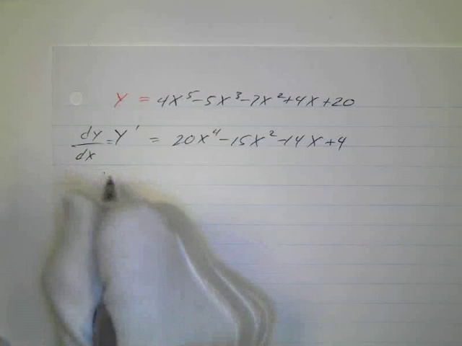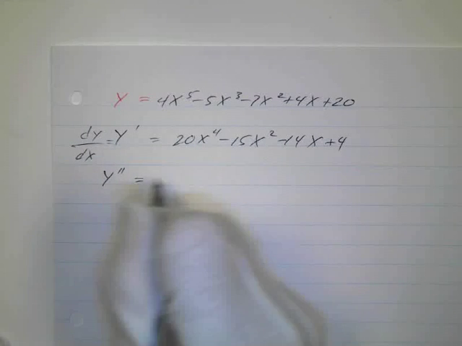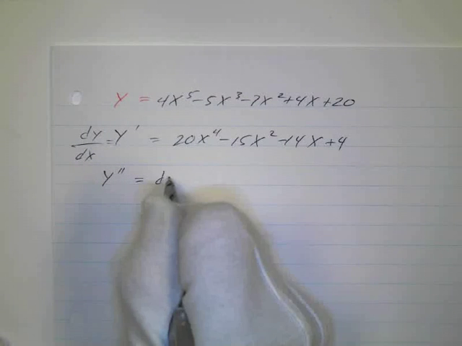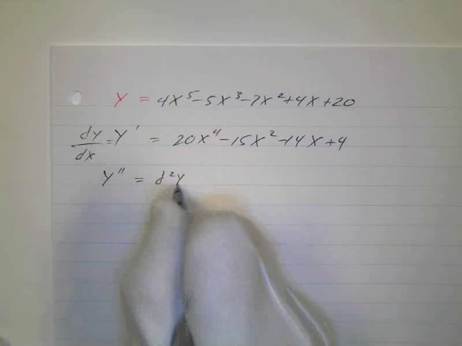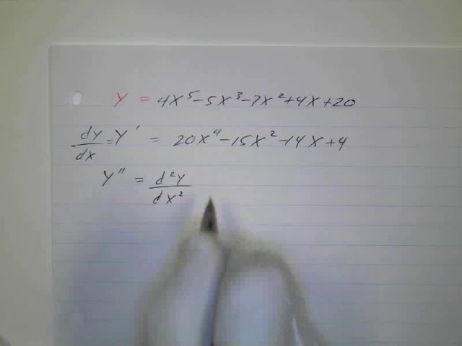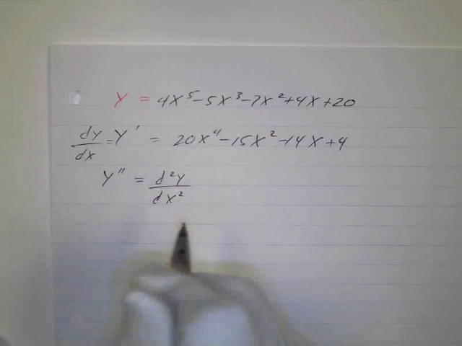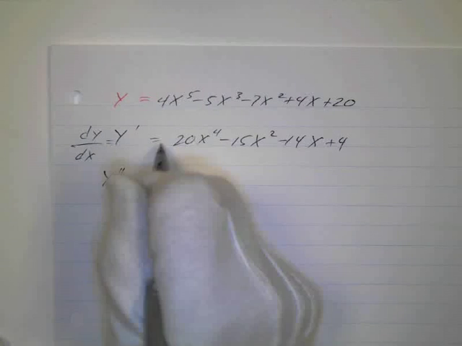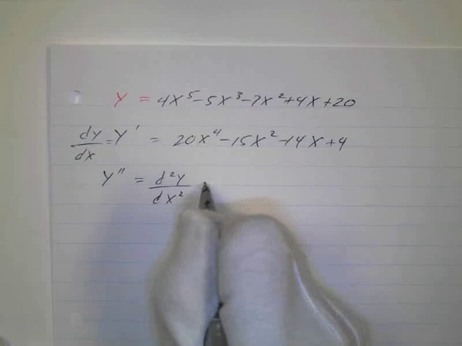And then the second derivative, y double prime, remember, that's the same thing as d squared y dx squared. So those are the same things, so don't get fouled up on that. That's just going to be the derivative of the first derivative.